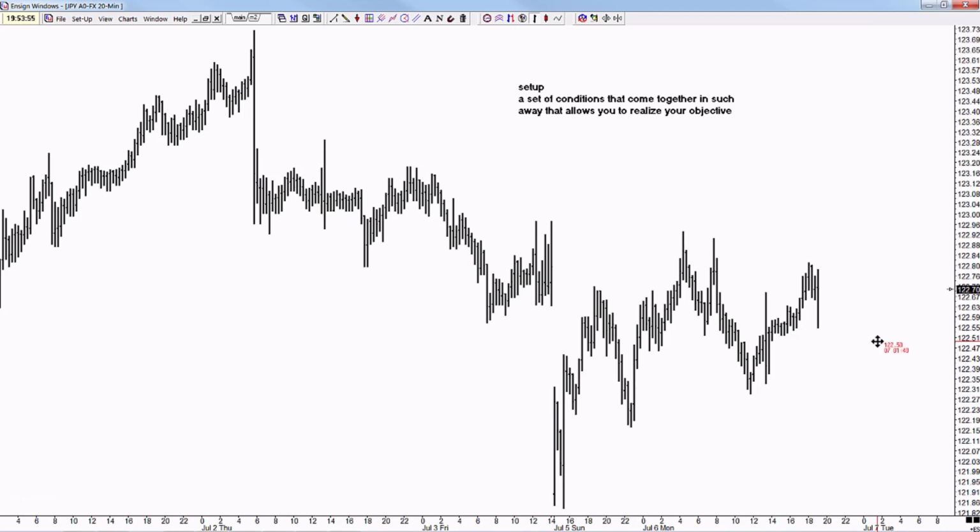So let's understand this about a setup. This kind of setup is more like a setup of, let's say you wanted to go outside and fly your kite or go outside and go surfing, right? You will have to wait for conditions, which would be what? The wind, the waves. You'd have to wait for them to set up a certain way in order for you to get what you're after there. That's a setup.